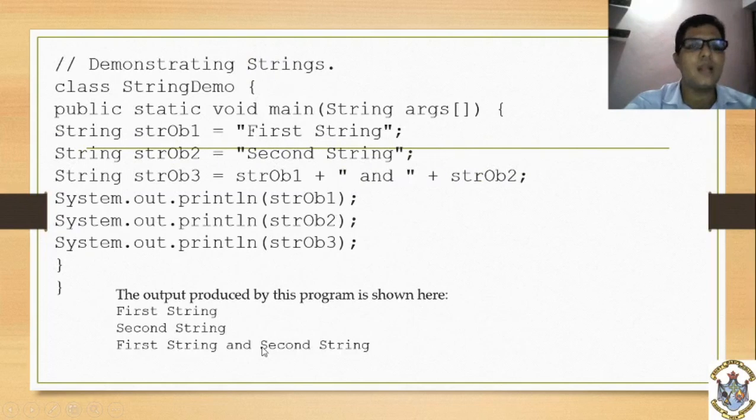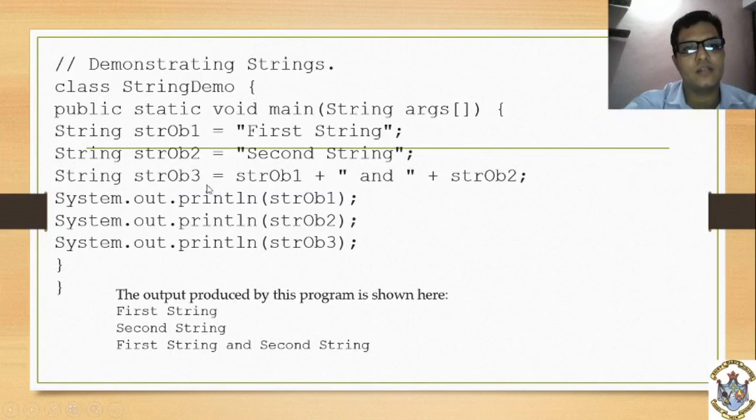Let us see a sample program. Class StringDemo. What is the name of the class? StringDemo. public static void main(String args[]), so it is the main method. Next, what are you declaring? String strOb1 is equal to "First string". You have created a string variable and assigned the value as the first string. In strOb2, you are storing the value as second string.